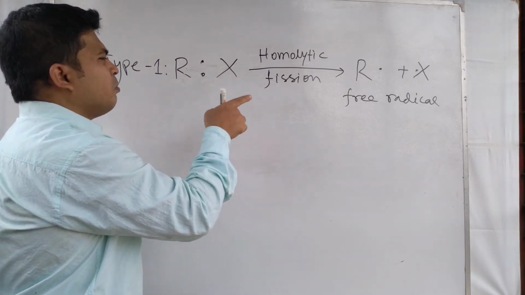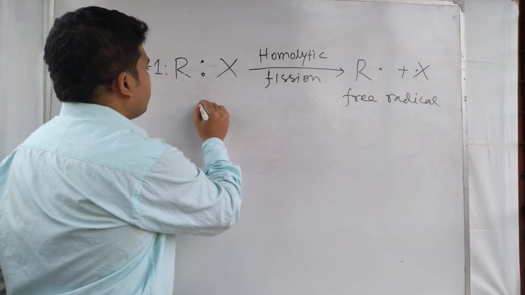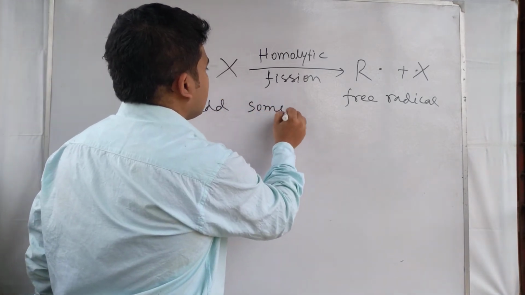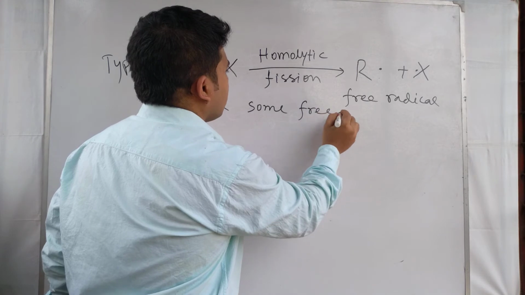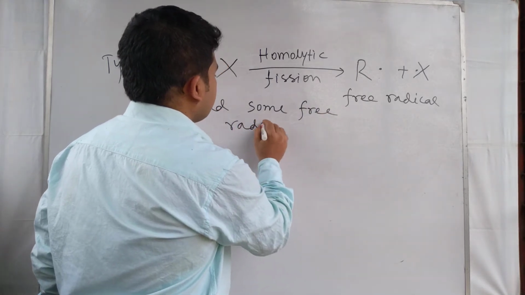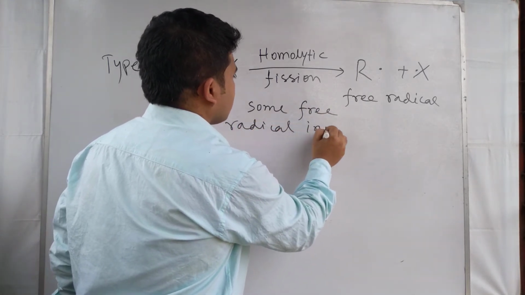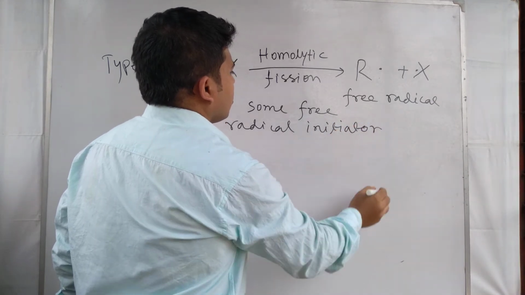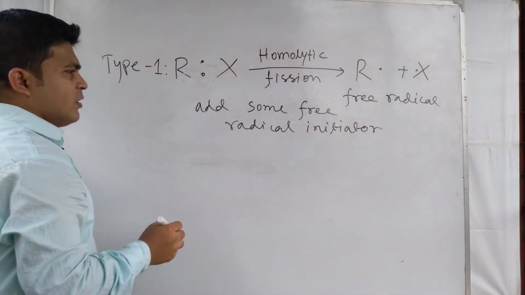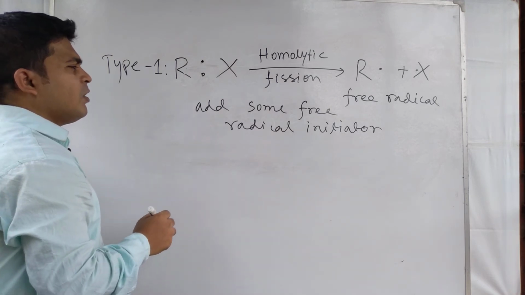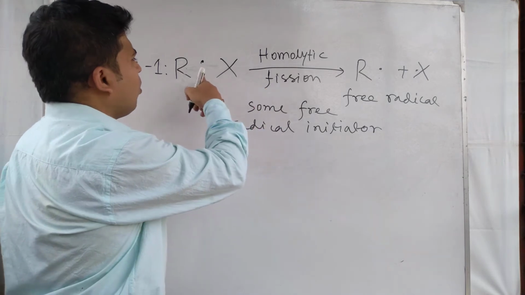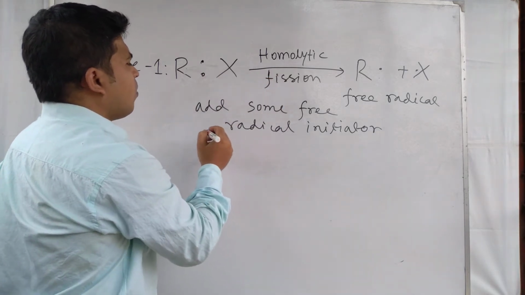If we want to make this reaction faster, then we have to add some free radical initiator. Some free radical initiator can make this bond breaking by homolytic process faster.